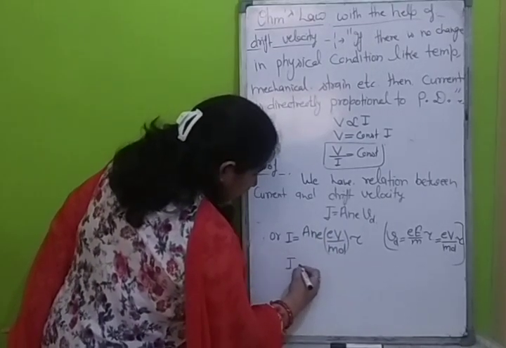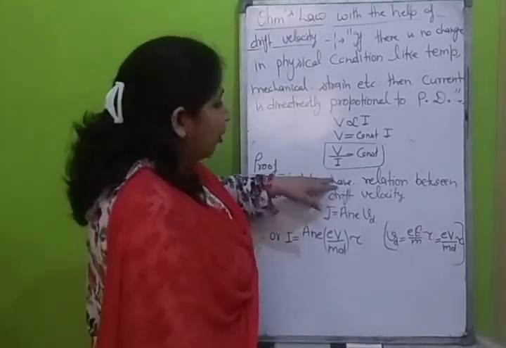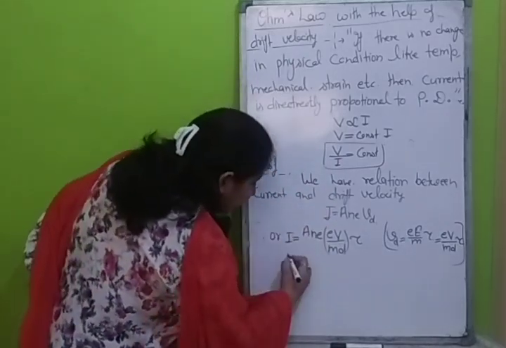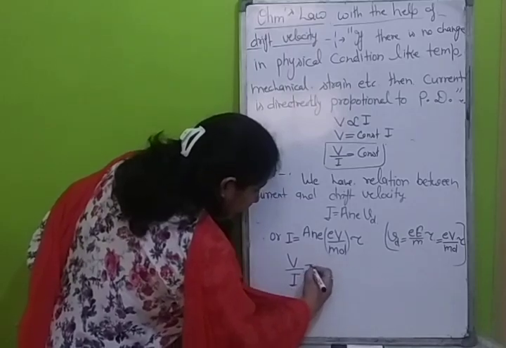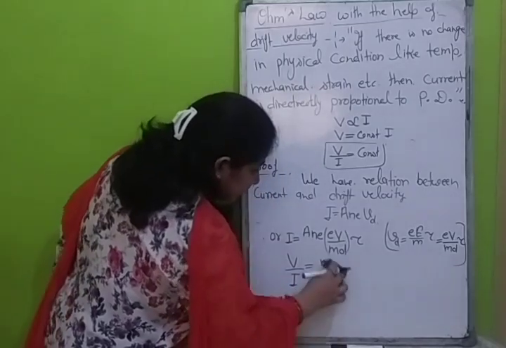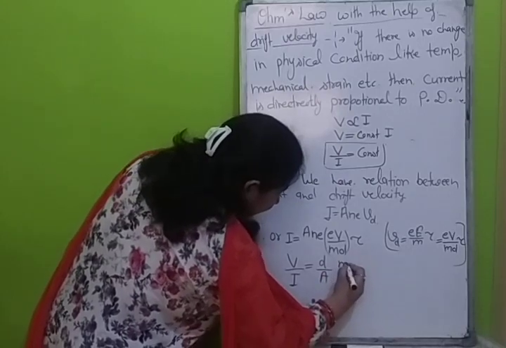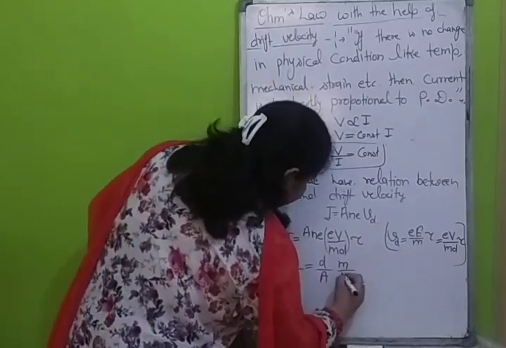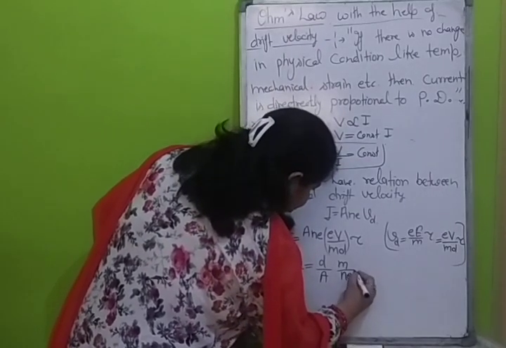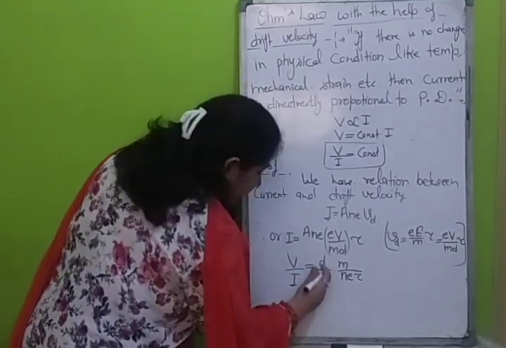We need V upon I. We will check whether the term V upon I is constant or not for a particular conductor. V upon I is equal to d upon A, m upon n e squared tau. Now, this is constant for a particular conductor.